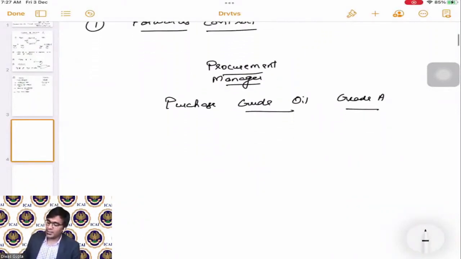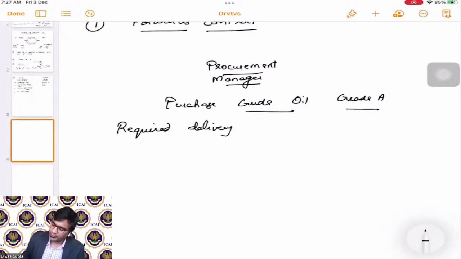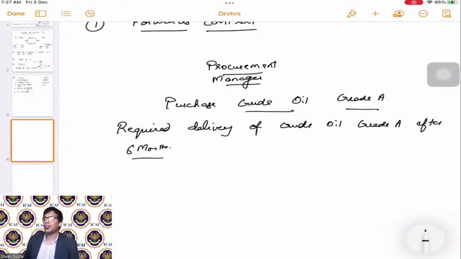The point is, you need it after 6 months. Required delivery of crude oil grade A after 6 months. This is a very practical example. Practically, it is very much possible.